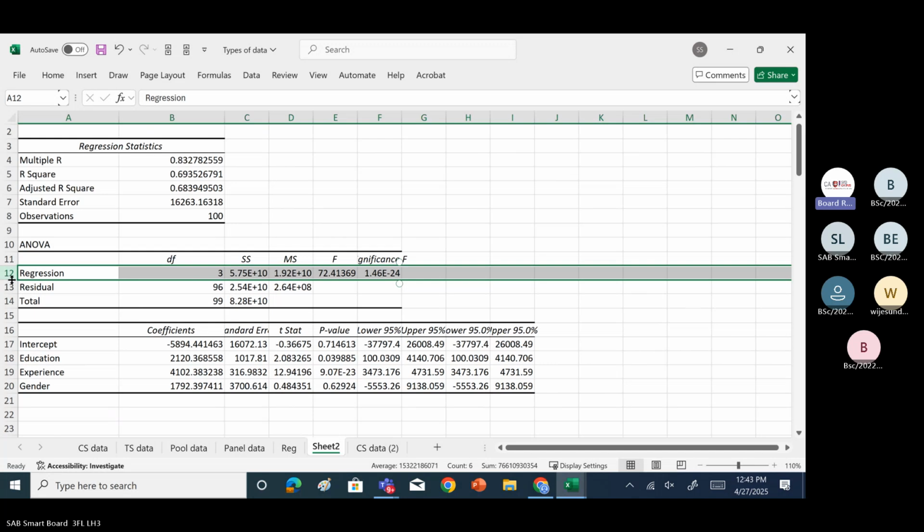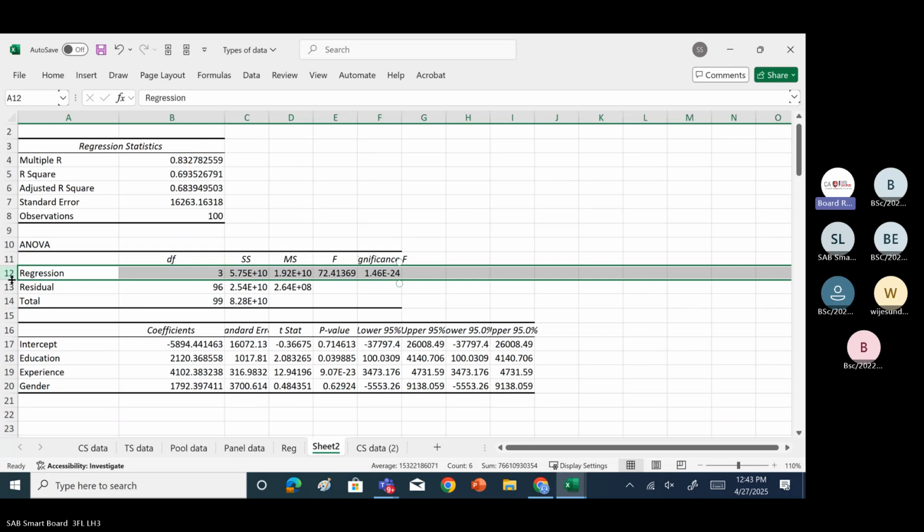We have collected the data, so the empirical evidence is here, right? So what may be my model? Salary equals beta 0 plus, I have three variables, so beta 1 into education, E, education, right?